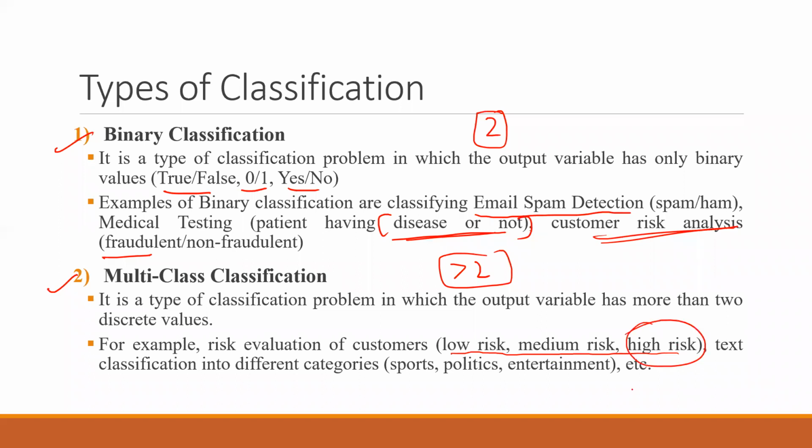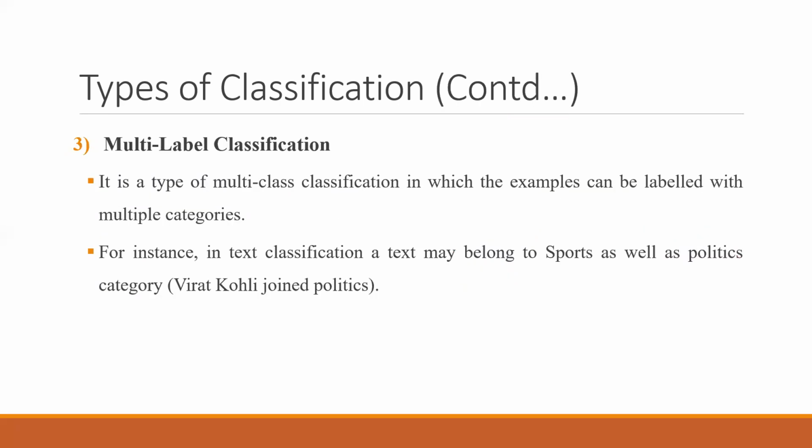If the bank is giving a loan of 3 lakh rupees, obviously a credit card is also a loan, maybe a 1 month loan, but still a loan, and you have to pay whatever the bill of the credit card comes. So if you are unable to pay, you will be termed a high risk customer. And similarly, if you want to do classification in terms of sports, politics, entertainment based on the news, or maybe some image of a person, those kinds of classifications all come under multi-class classification.